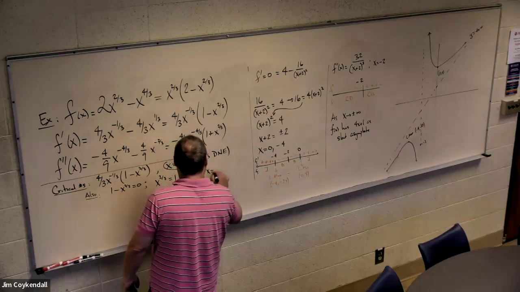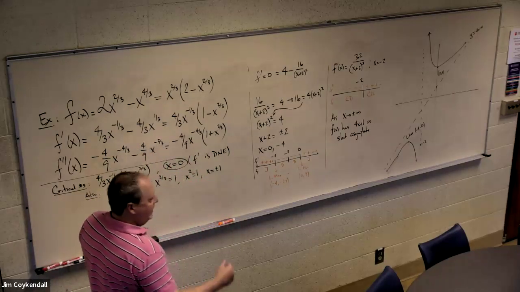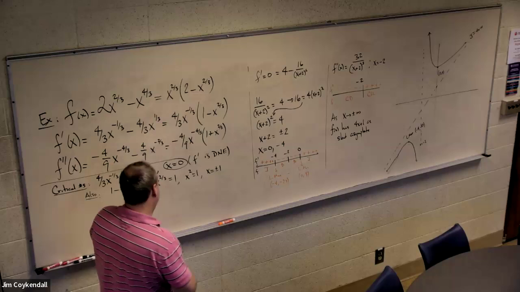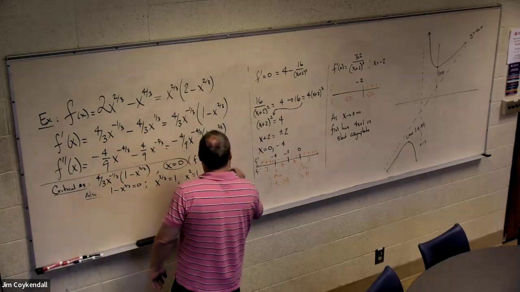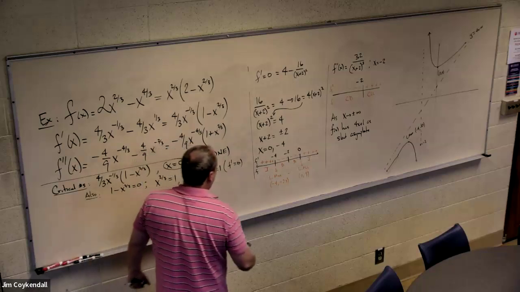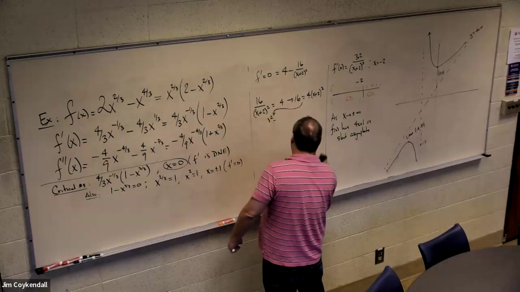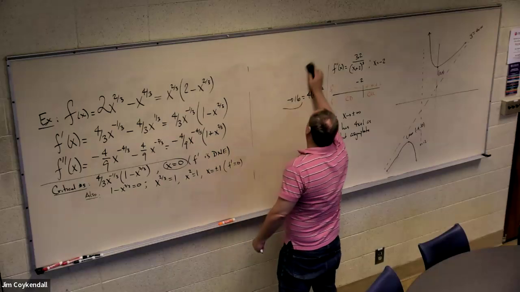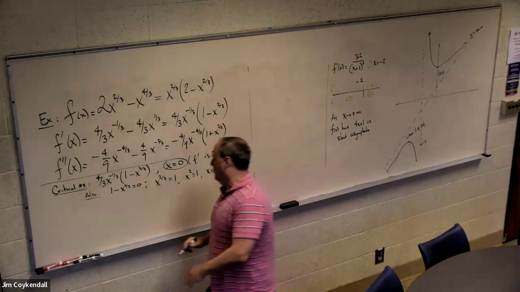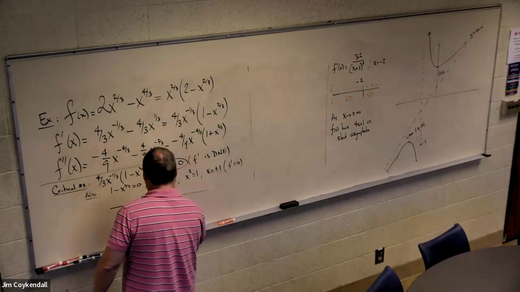So I get x equals plus or minus 1. So I get 3 critical numbers. At 0, the derivative doesn't exist. And at plus or minus 1, the derivative is 0. Might as well do a sign chart here. Take care of that immediately.